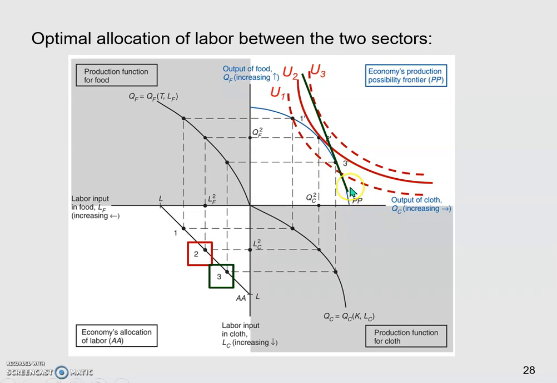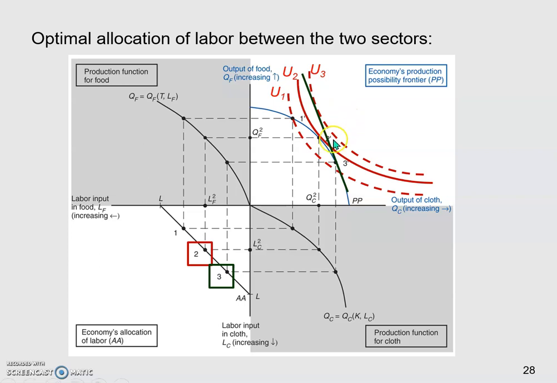But at the same time, if you look closer, you find that I intentionally put this tangent line the way it is, so that it's also tangent to the indifference curve U3. And this is actually the point where the economy can consume.